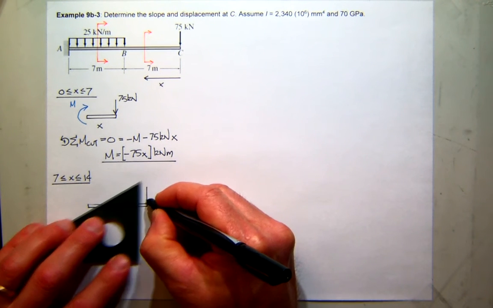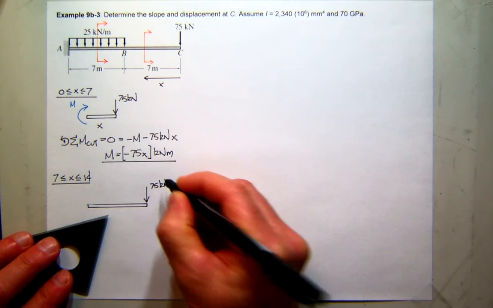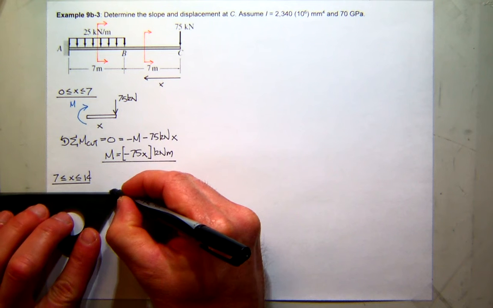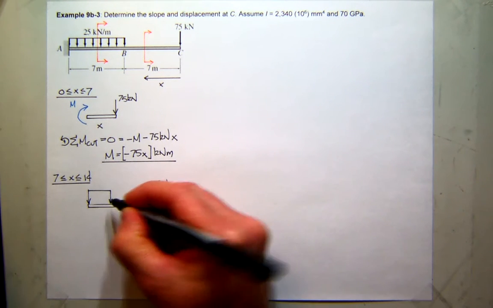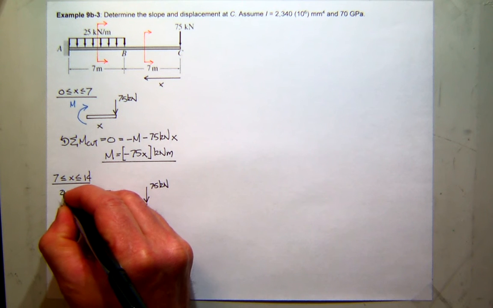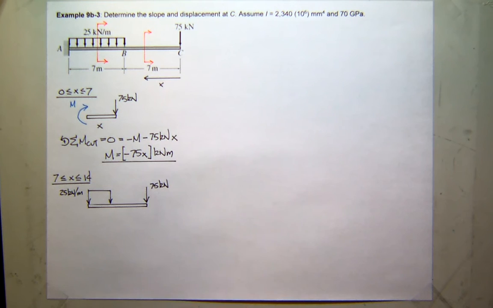I still have my 75 kilonewton force here at the end, and then I have a portion of the distributed load, and that, as you can see, has an intensity of 25 kilonewtons per meter.